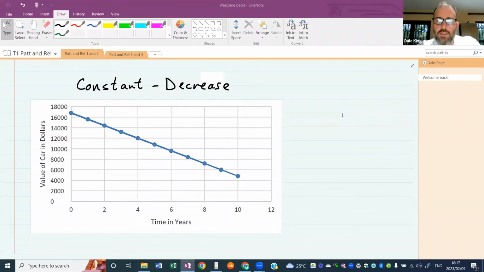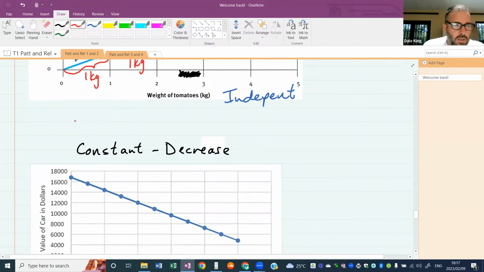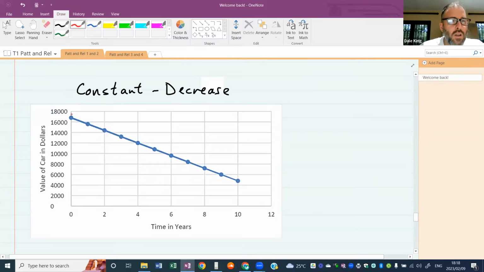Okay, so here we have a graph showing the value of a car. It's in dollars, all right? It's an American graph. So we've got a car that's worth about 17,000 US dollars.